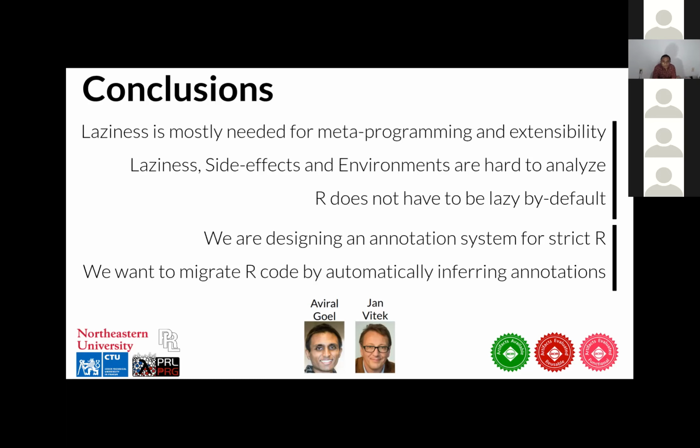With R, the problem is that it's dynamic, side effects are unconstrained. In Haskell, there is this monadic approach for managing side effects, so it's more organized. It would be definitely interesting to independently do a study of use of laziness in Haskell and figure out how much of Haskell code actually requires laziness. But I don't think the analysis we are doing for R can be used as is for Haskell. I see. Cool, thanks.